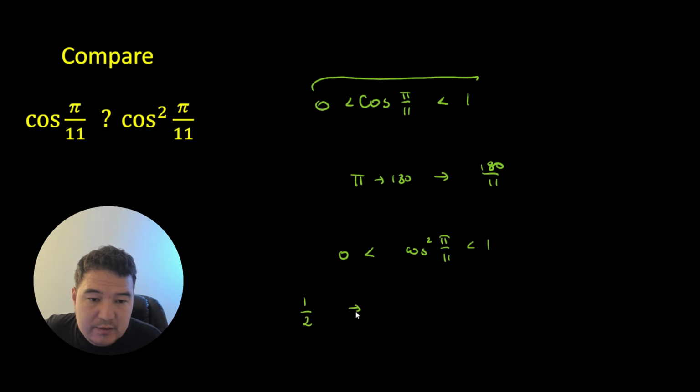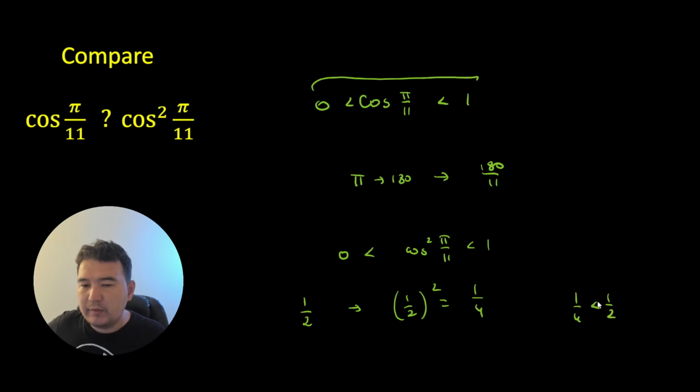If I take its square, it's 1 over 2 squared, which becomes 1 over 4. And 1 over 4 is less than 1 over 2. So if you take the square of a number between 0 and 1, the number becomes less, which means cosine pi over 11 is greater than the square of cosine pi over 11.